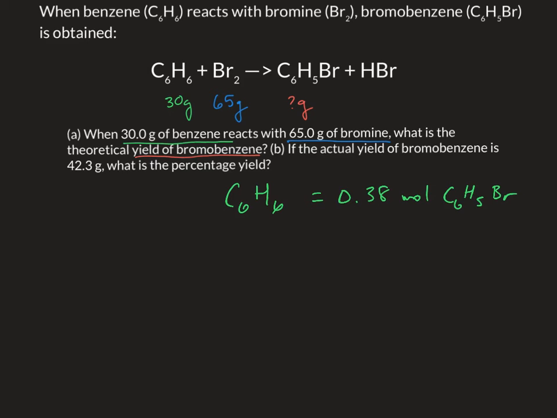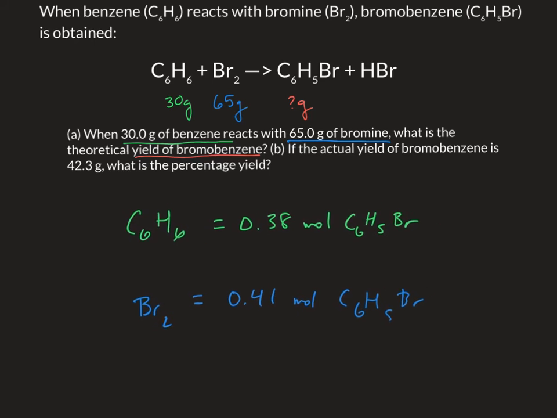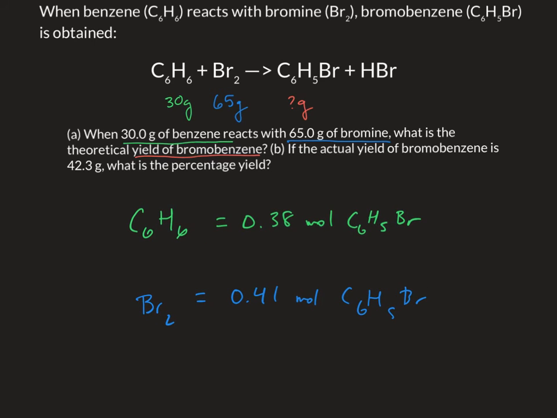Now our bromine gave us 0.41 mole of bromobenzene. So here we have these two different values. Now let's determine what the limiting reagent is in this case.